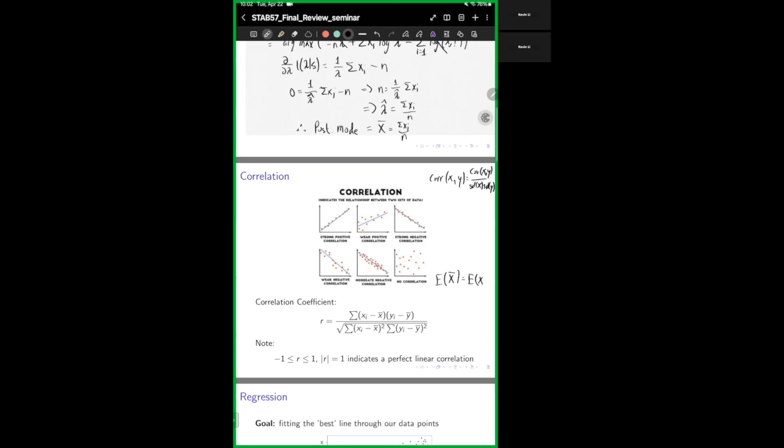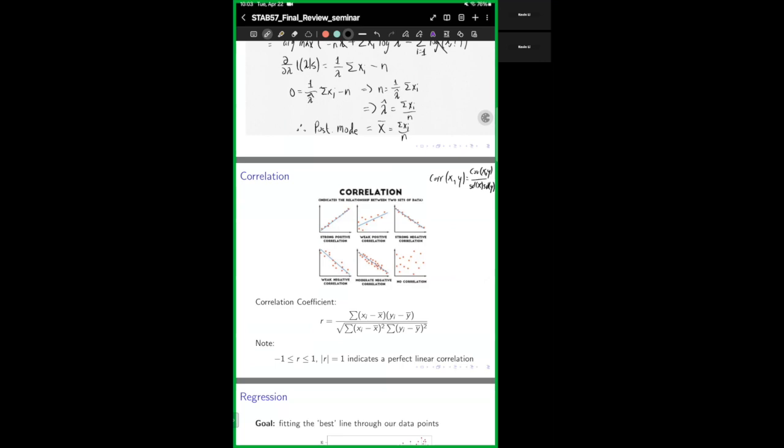When we sample two different variables, we can also use the sample variance. So the correlation coefficient is as follows: the sum of xi minus x bar times yi minus y bar, over the square root of the sum of xi minus x bar squared times yi minus y bar squared.